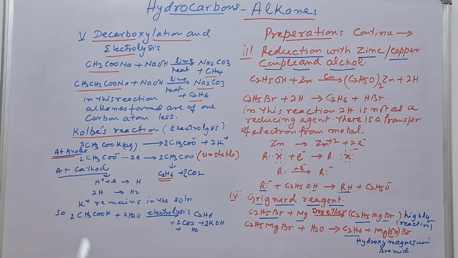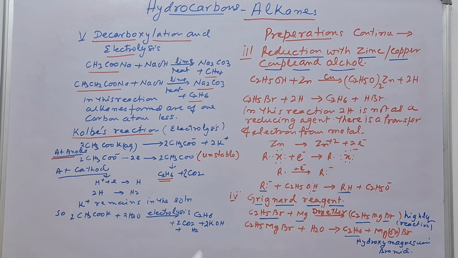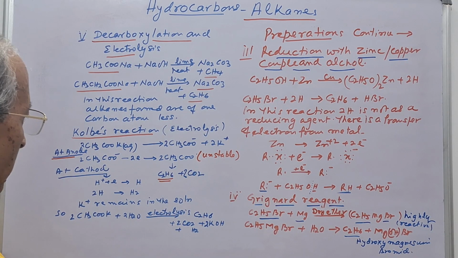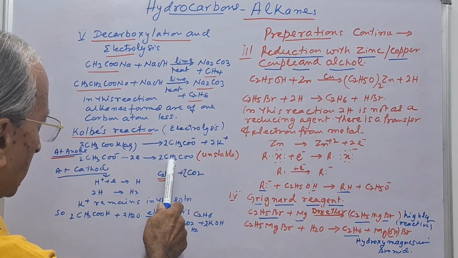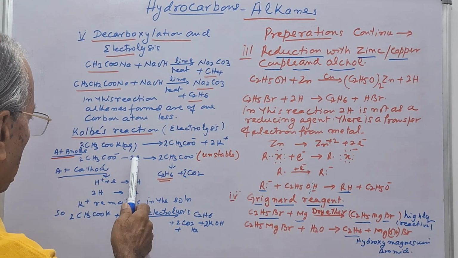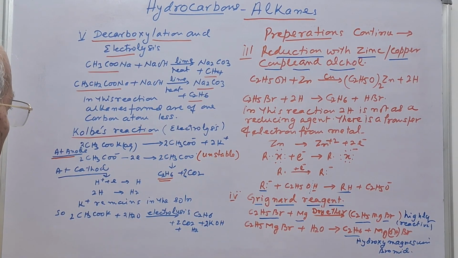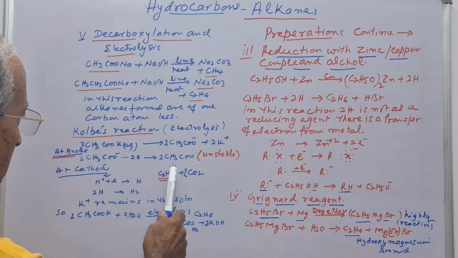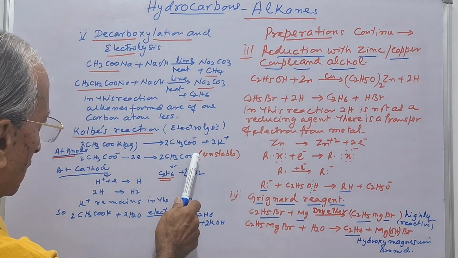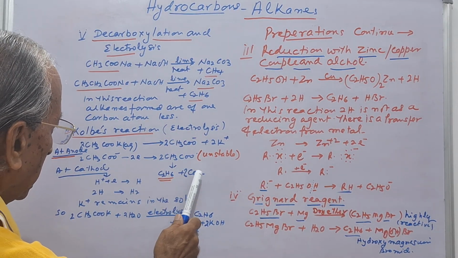Now what happens at the anode and the cathode? This acetate ion goes to the anode and forms an unstable CH3COO by giving out the electrons, and this unstable CH3COO forms ethane and carbon dioxide.